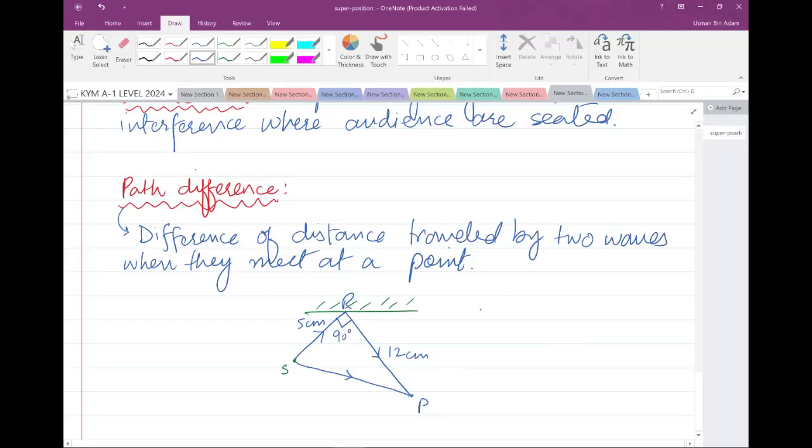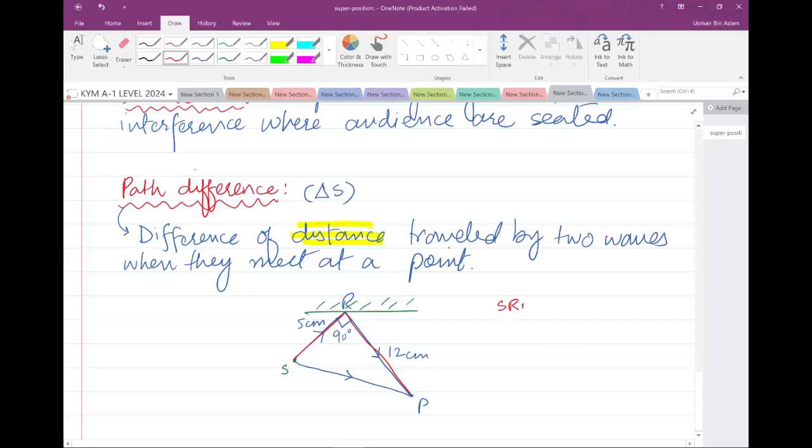They ask us to find out what will be the path difference. The symbol for path difference is delta S. It's just the difference of distance traveled. Let's see. One wave goes from S to R and then from R to P. This wave has traveled a total distance of 17 centimeter.